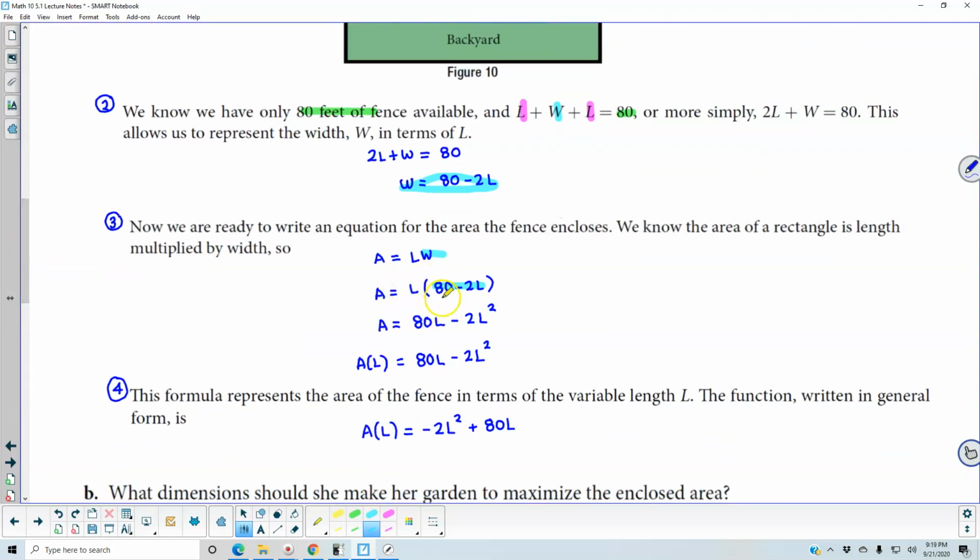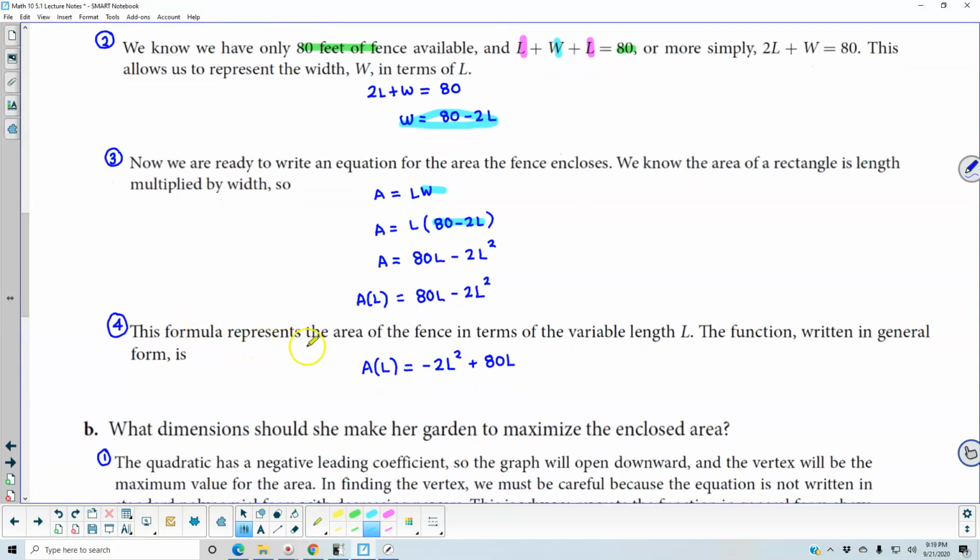We're going to distribute the L to get A, which is equal to 80L - 2L². Then we want to write this in terms of a function. Because L is the input, we're going to say A(L) = 80L - 2L². So now in part 4, this formula represents the area of the fence in terms of the variable length L.